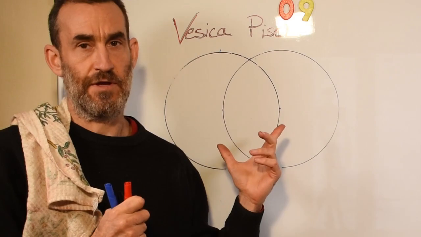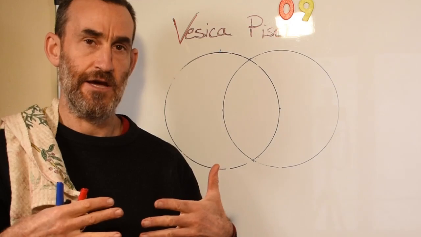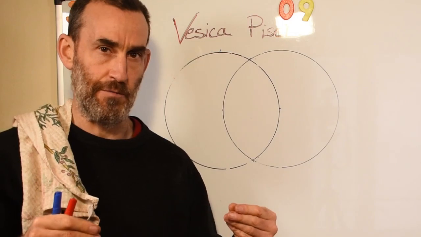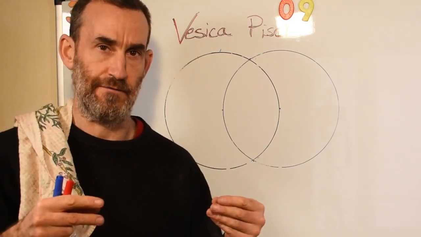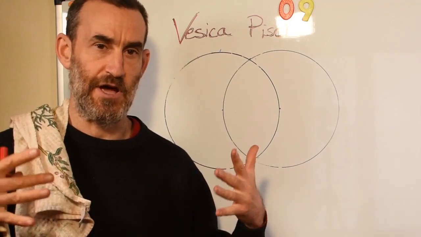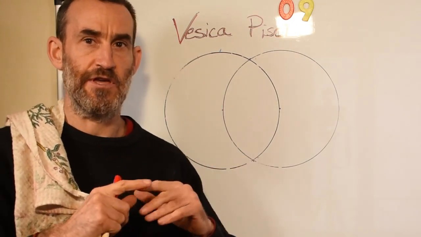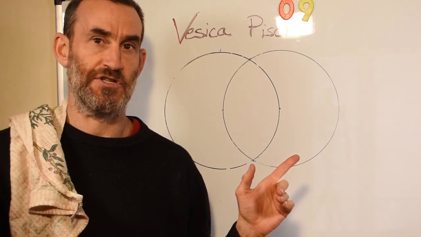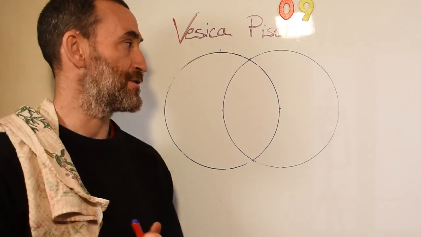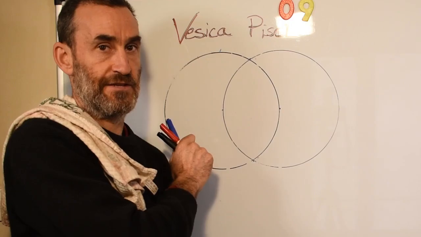Then the yogi at this point can either choose to keep the attention internally, which takes it into deeper concentrations, breaking down almost the structure of physical matter, energy, emotional matter, mental matter, as we go more and more refined with our consciousness. Or there is a possibility for the yogi to expand the consciousness outwards to encompass the field sphere all about him, and that's what I'd say would be the second circle in this instance.